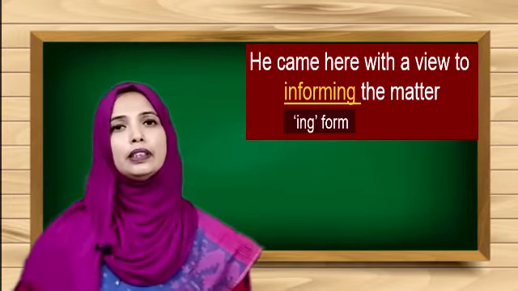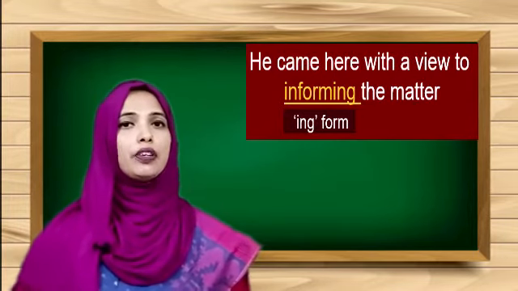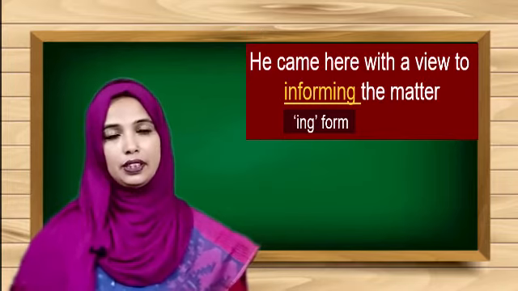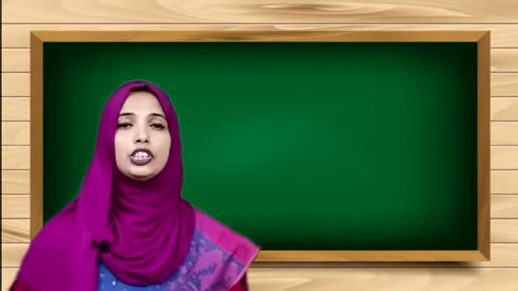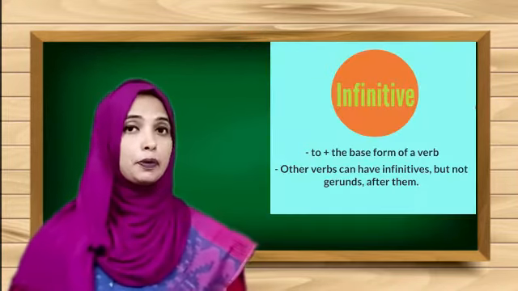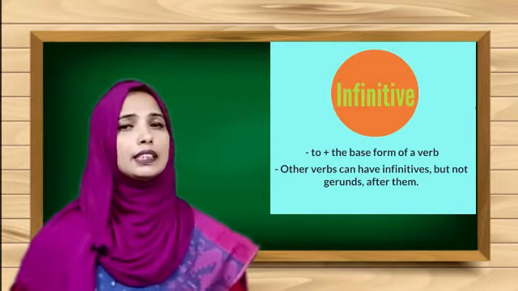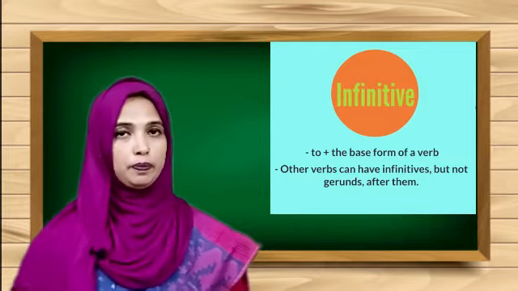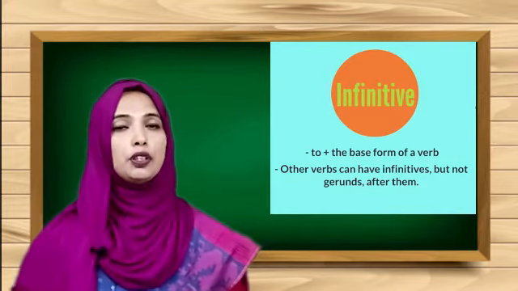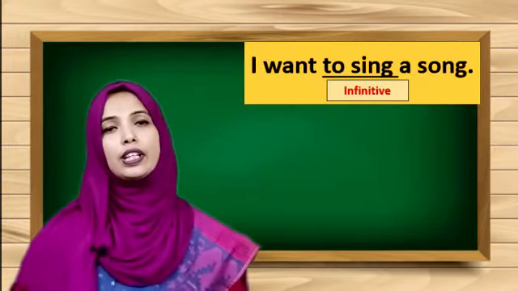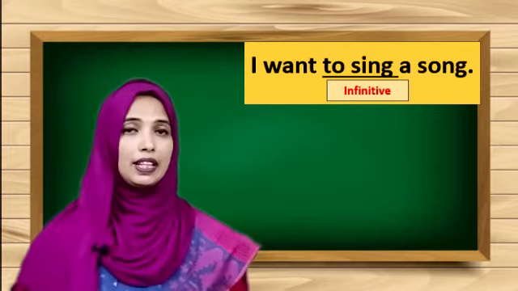For example, he came here with a view to informing the matter. But dear students, if you find the preposition to as a part of an infinitive, don't change the verb into gerund form. It will be changed into the base verb. For example, I want to sing a song.